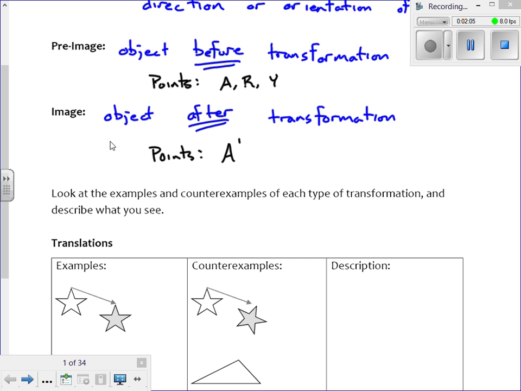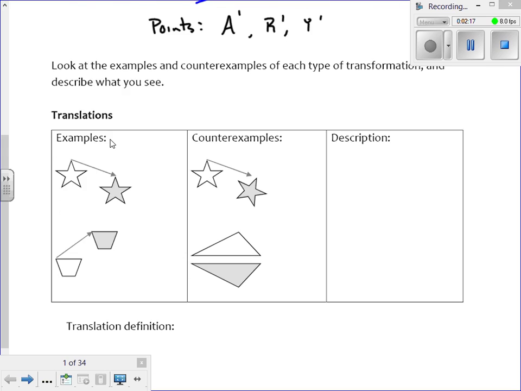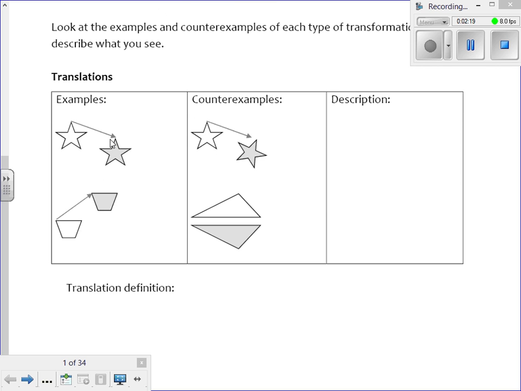They'll have this little almost apostrophe with them, A prime, R prime, Y prime. So when you see those primes, that's an indication that that's the image. Something has happened to that object. So we'll look at a few of the transformations real quick.